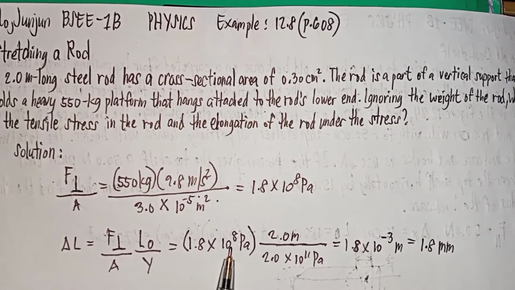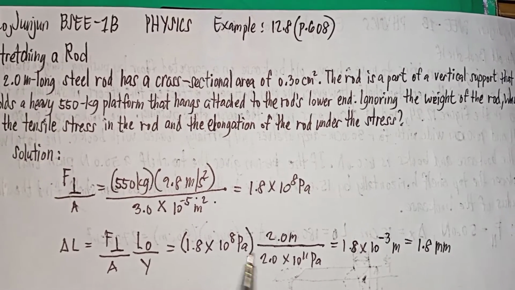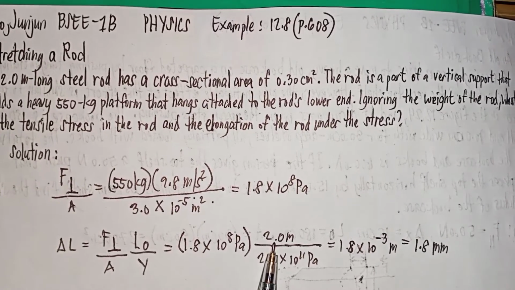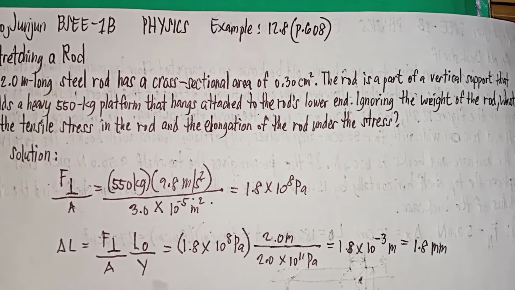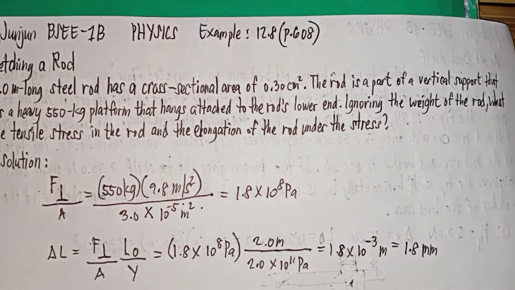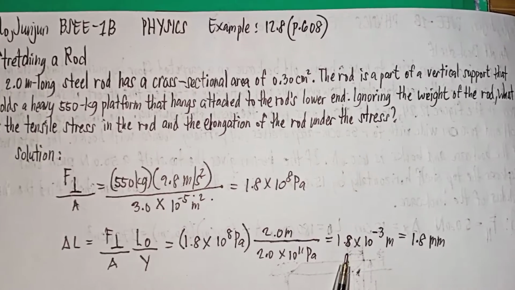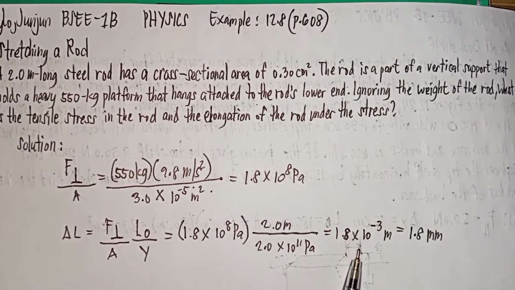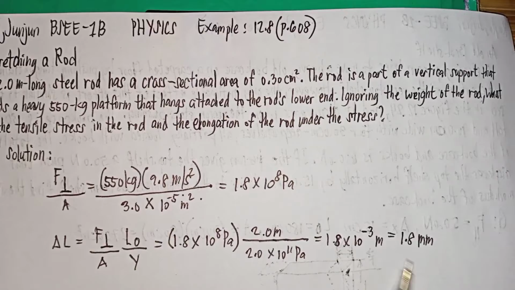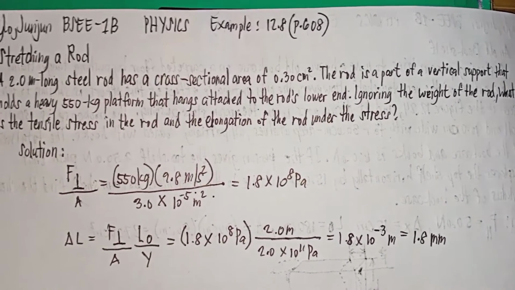1.8 times 10 to the power of 8 pascals, and then we substitute the original length, which is 2 meters, and then the value of Y equals 2 times 10 to the power of 11 pascals. So we manipulate, and then the result is 1.8 times 10 to the power of negative 3 meters equals 1.8 millimeters.